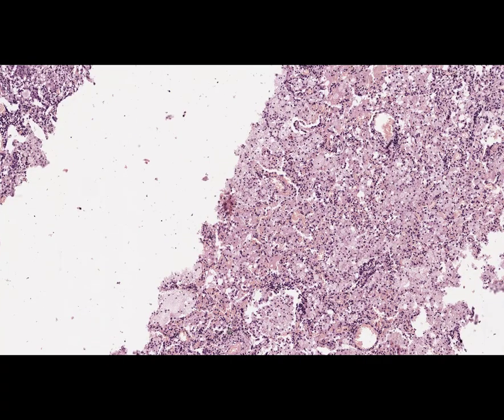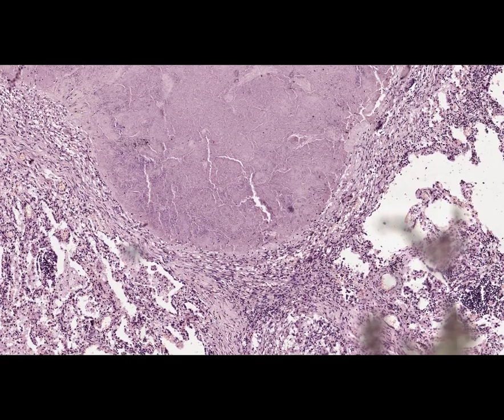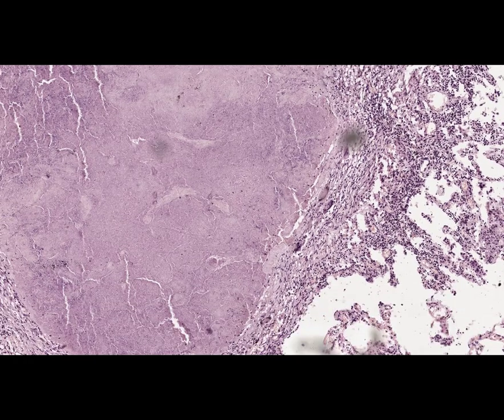At another part of this slide, another structure can be seen. Here is a formation known as tuberculoma.